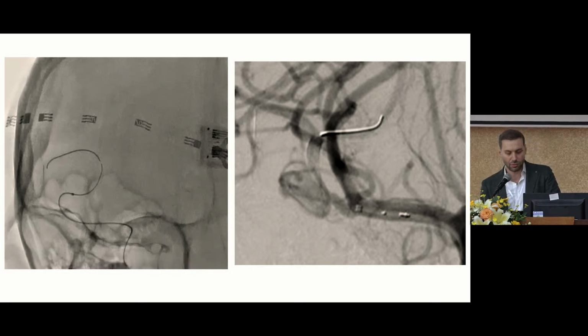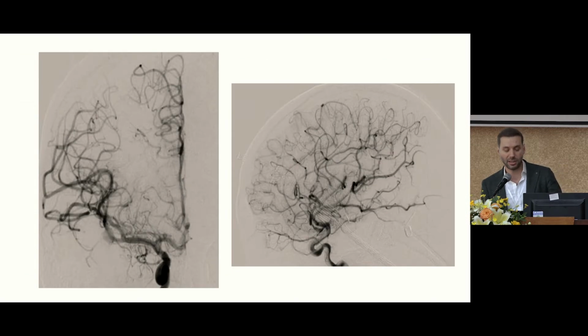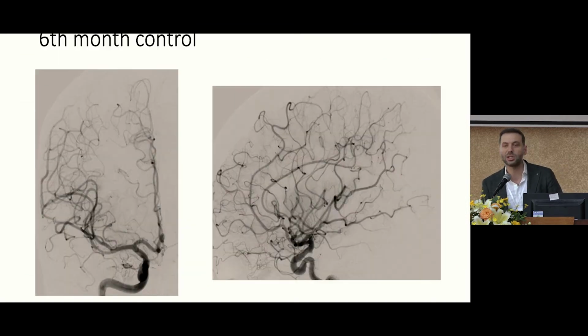Then we have the post-procedure image, and we have the 6-month control. And as a conclusion, yes, we can see flow diverter stents work even in acute cases, but higher system compatibility sometimes put us in a difficult situation.